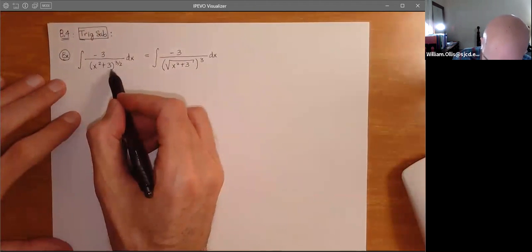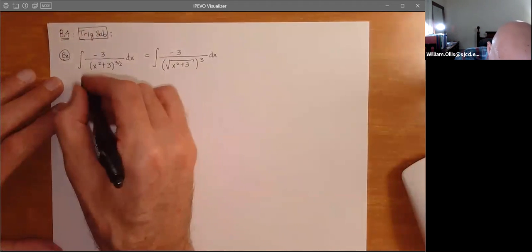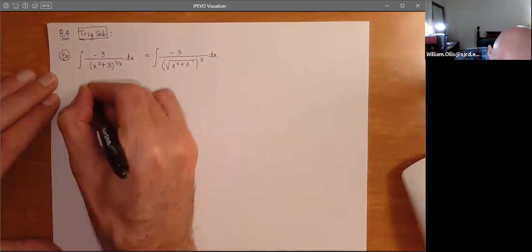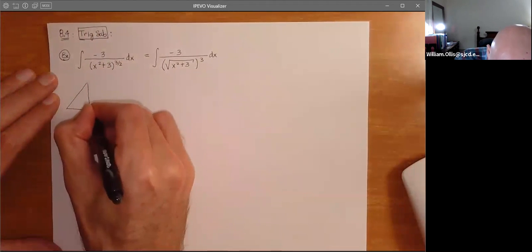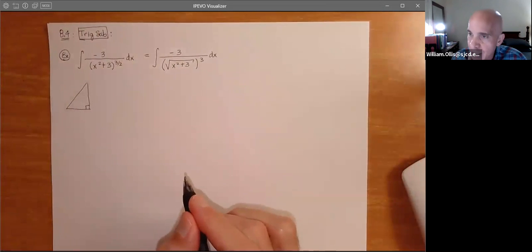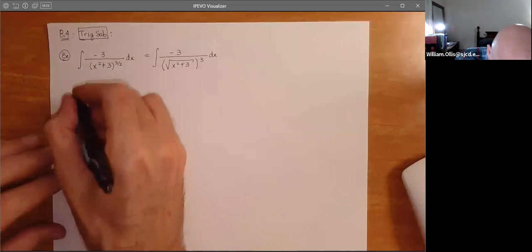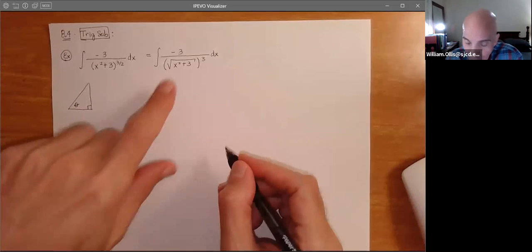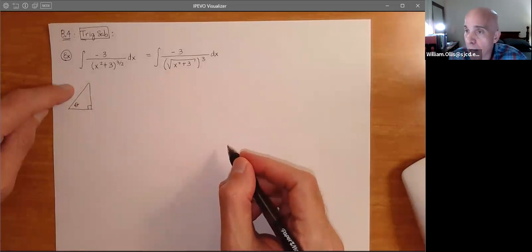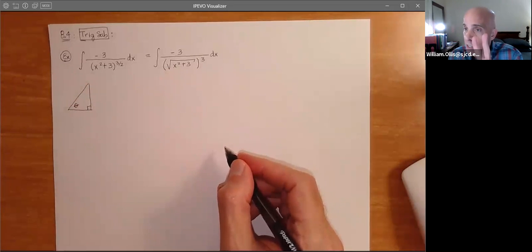So notice here, we can easily draw a triangle. We've got basically a u squared plus an a squared. So if we have a theta here, we can easily write the radical as the hypotenuse of a right triangle because it's a sum.